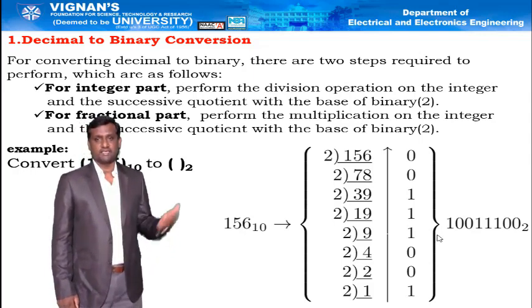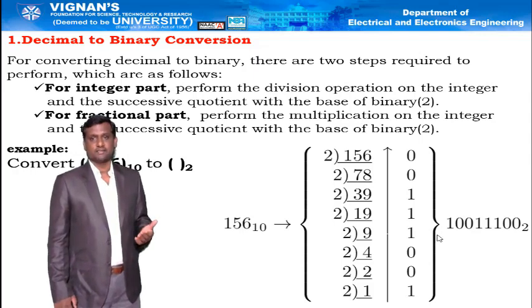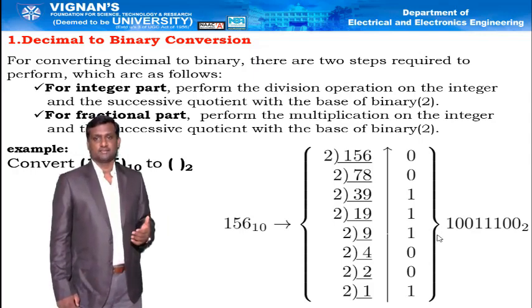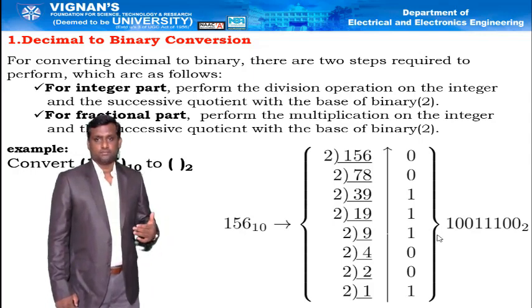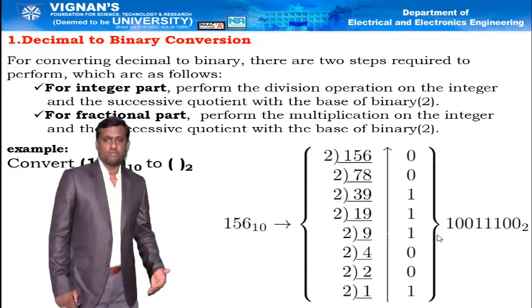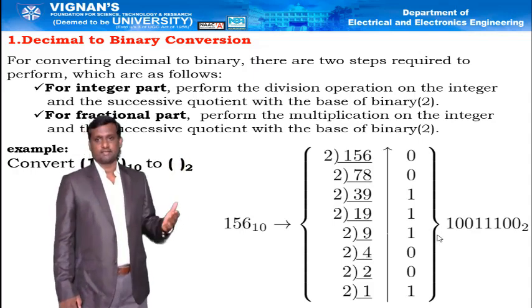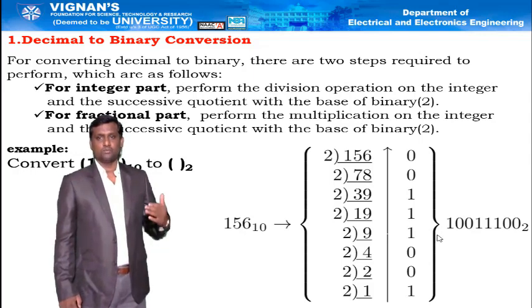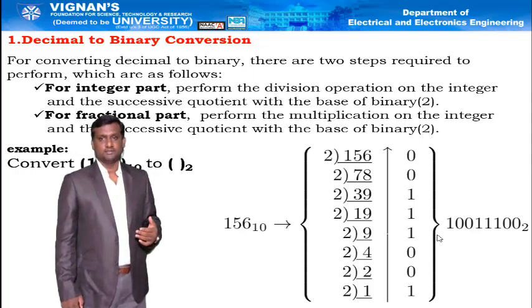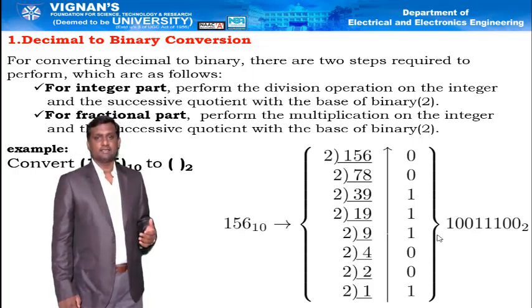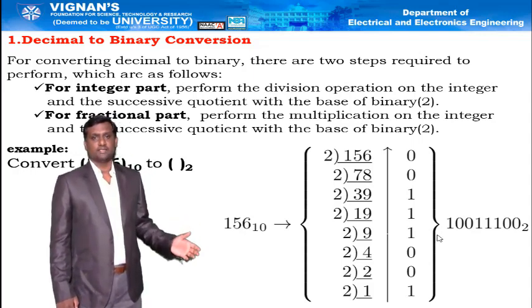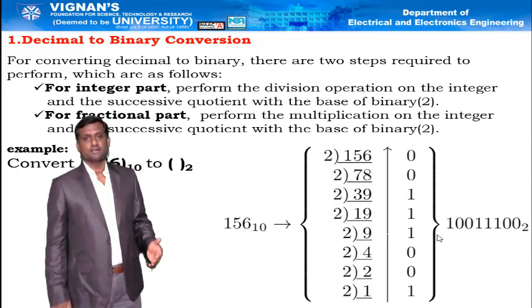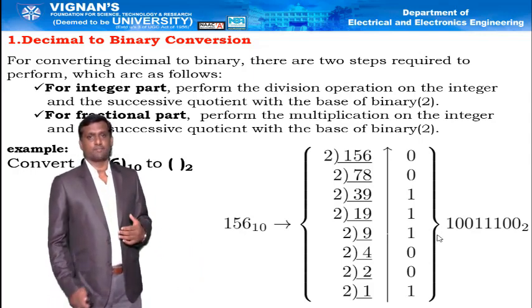So after completion of the division, if you observe the remainders from the bottom to top, that is 1 0 0 1 1 1 0 0, that is the equivalent binary number for the given decimal number. Like this, we have to perform the conversion of decimal to binary when we have an integer part.